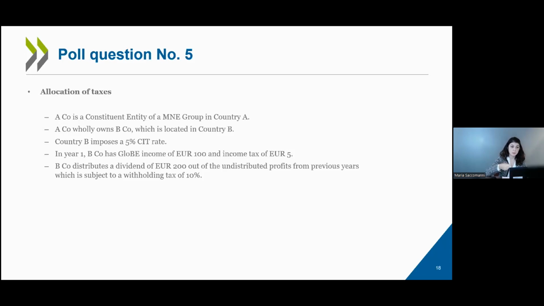So in this example, the entity distributing the dividend is BICO, and so the 10% out of 200 shall be allocated to jurisdiction B, which added to the 5 of taxes imposed on that country makes the total covered taxes allocable to jurisdiction B equal to 25. So the correct answer here is B.